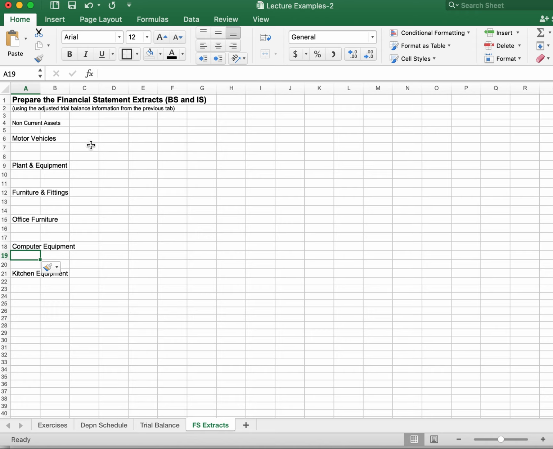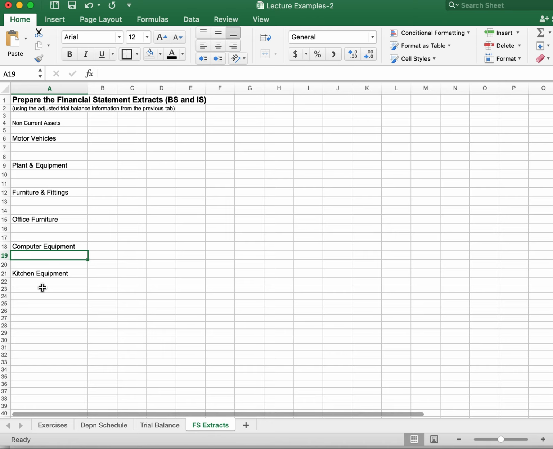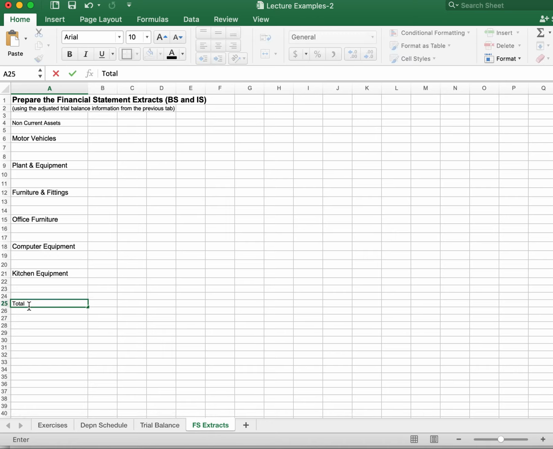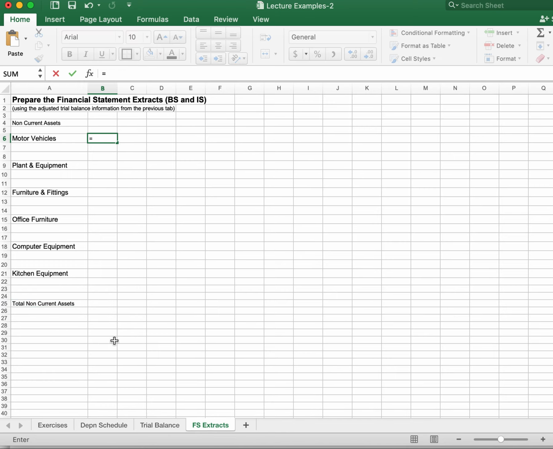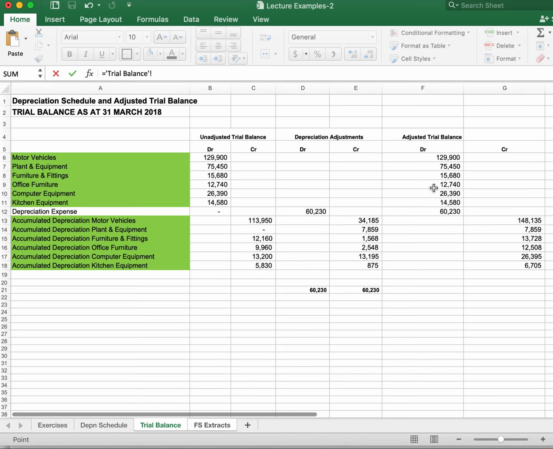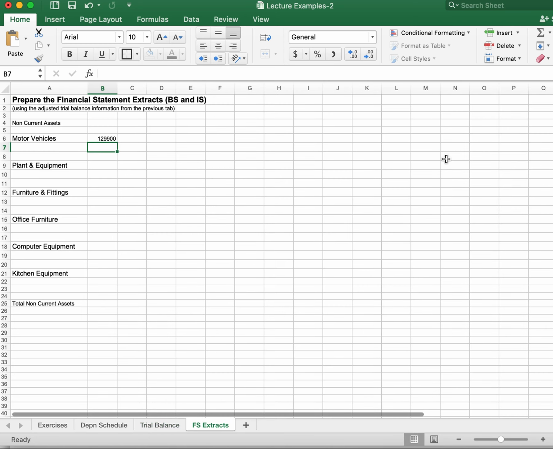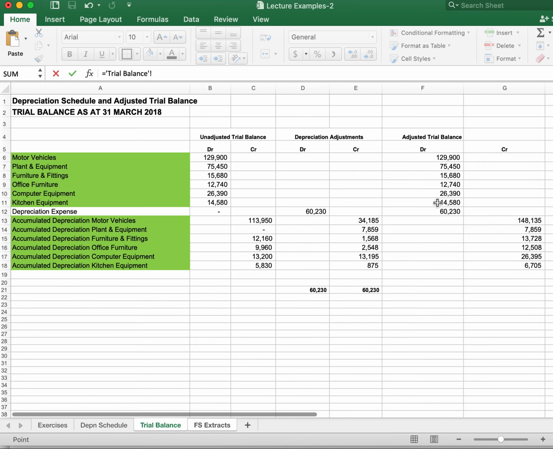Okay, so it's the motor vehicles. Then it'll tell me what my total non-current assets will end up being. So my motor vehicles, there's the closing balance. There's my plant and equipment.